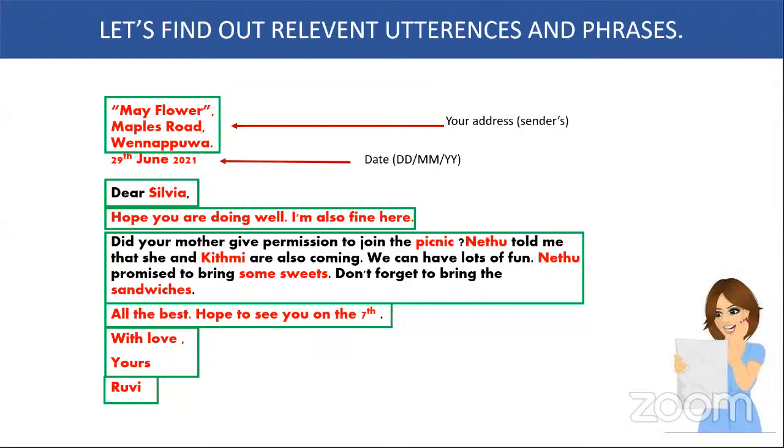Yes. Next one, salutation, greeting. I told you, dear Sylvia. If he or she is a friend, you can write, hi Sylvia. It doesn't matter here. But for your mother or brother, it is better if you write mother, father, dear.